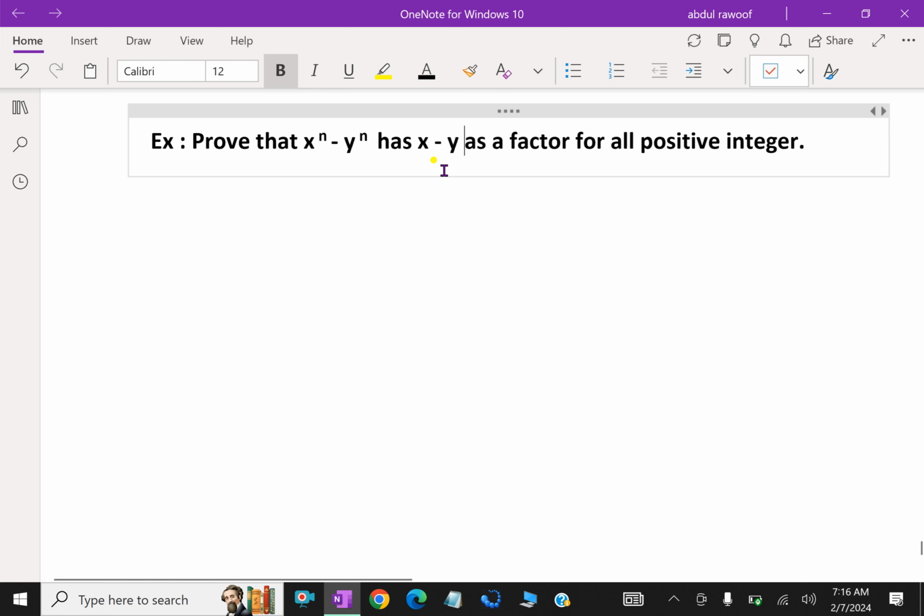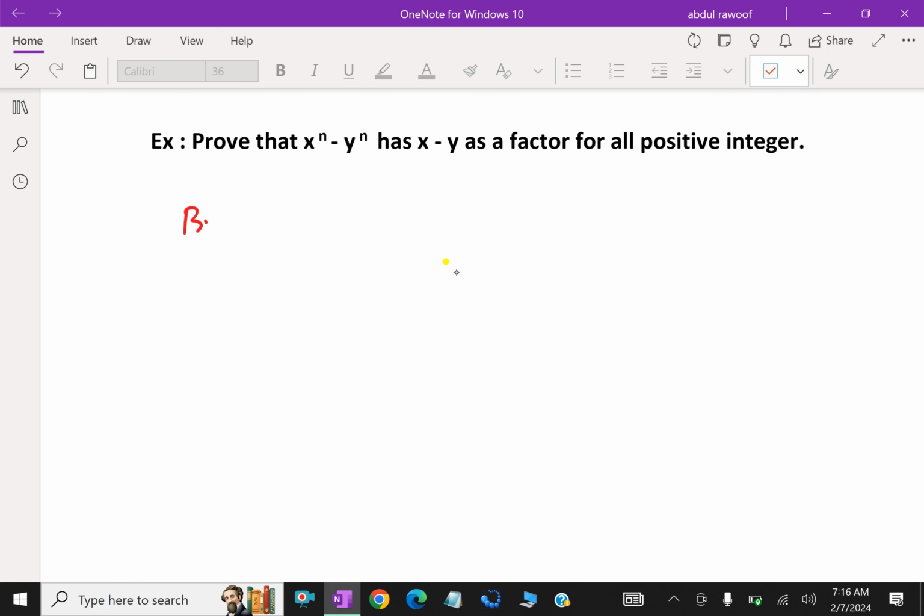That means we have to prove that x minus y is a factor of x power n minus y power n, by using mathematical induction.